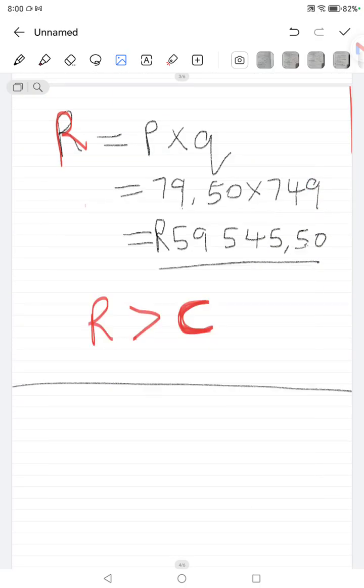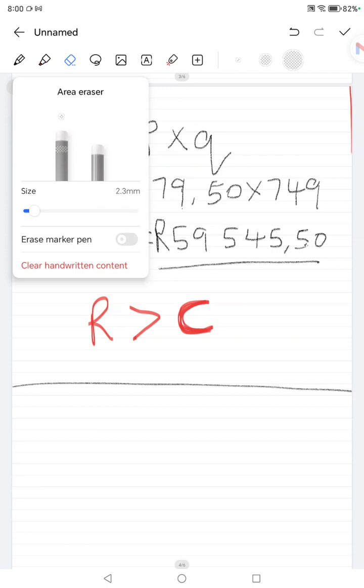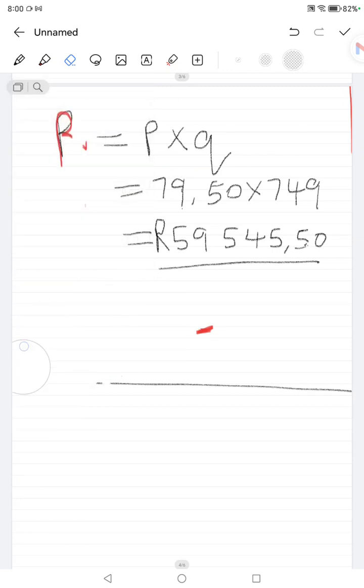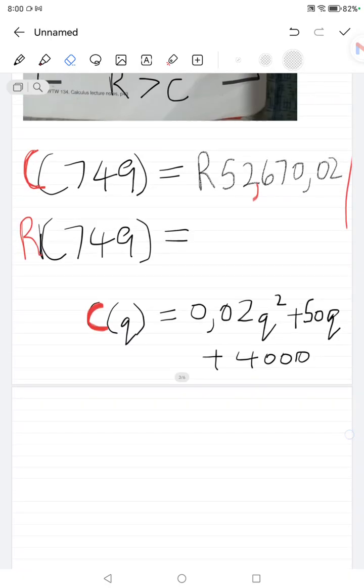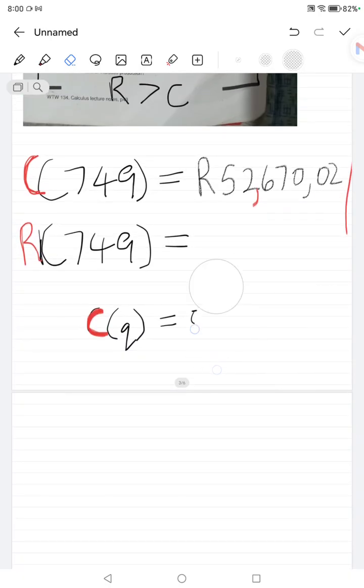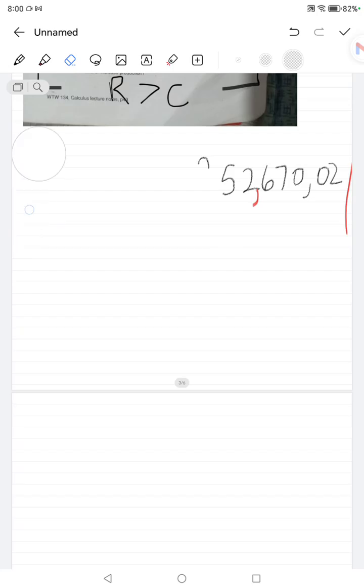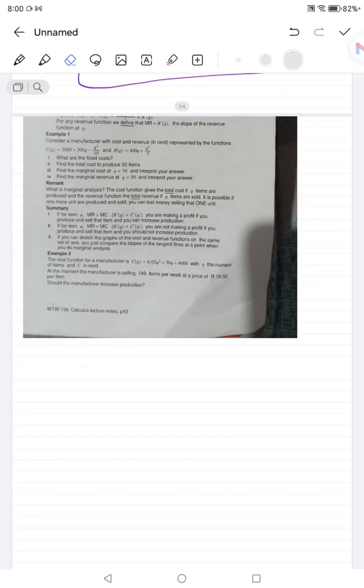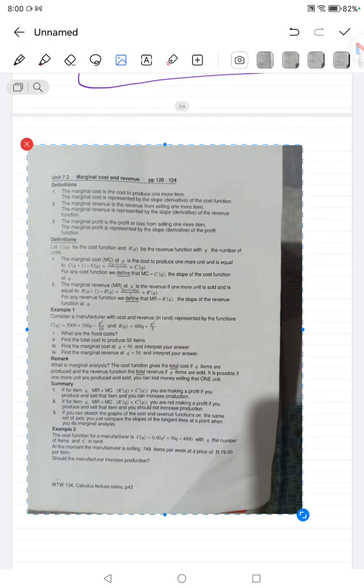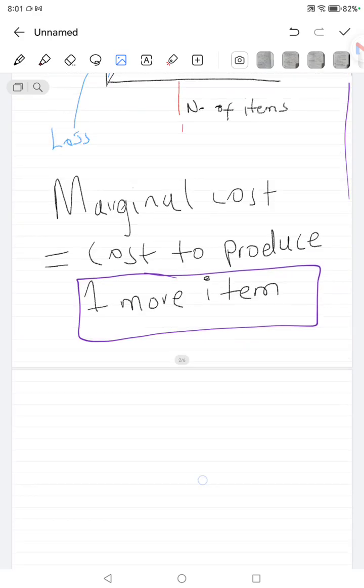Let me just erase these things first. Might as well just remove this one this side rather than having to go up.